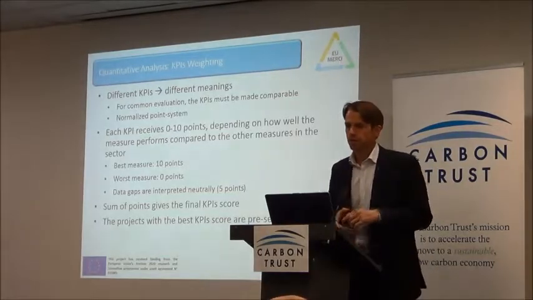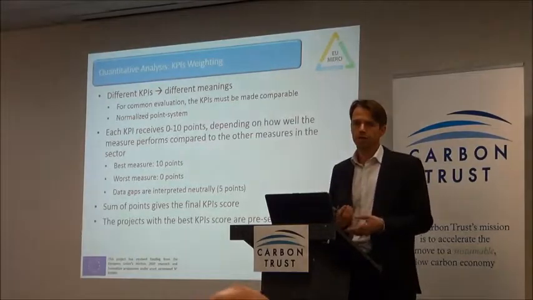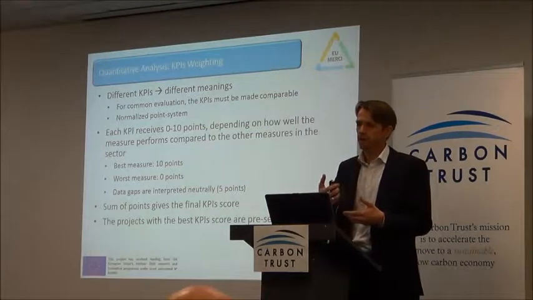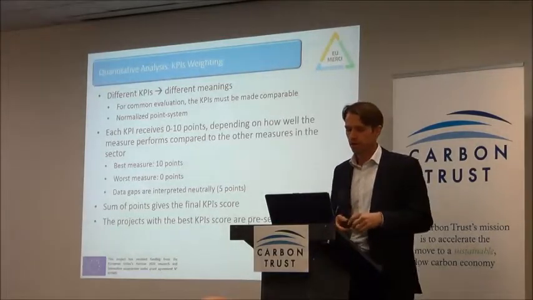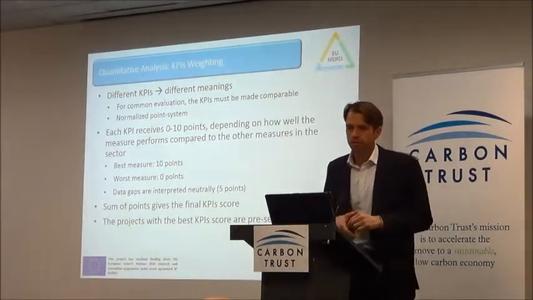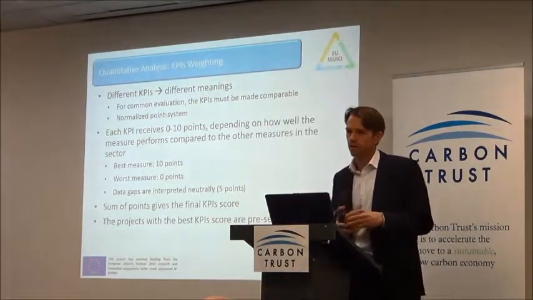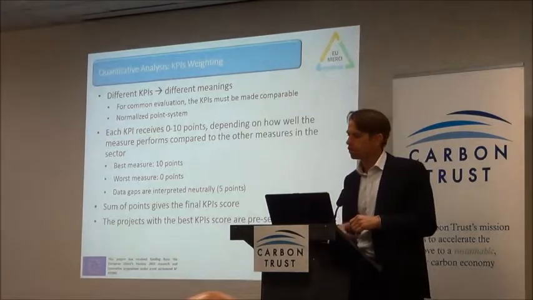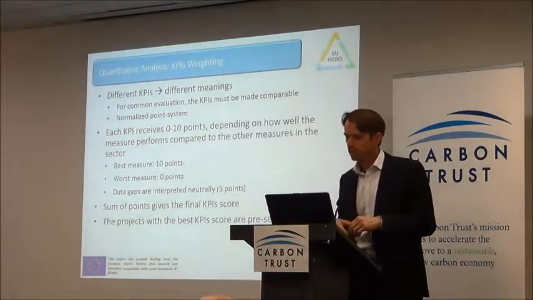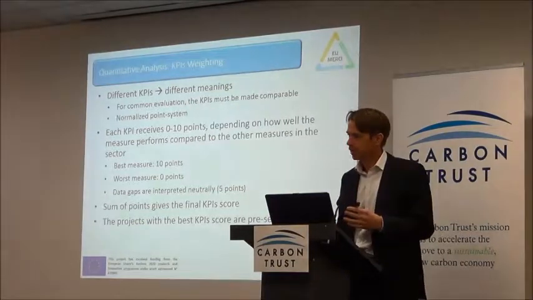So having all these different KPIs, at the end we still make a decision on whether an efficiency measure is a possible good practice or not. And we did that by a point system to normalize all KPIs. Each KPI receives 0 to 10 points, depending on how well the measure performs compared to the other measures in the sector.